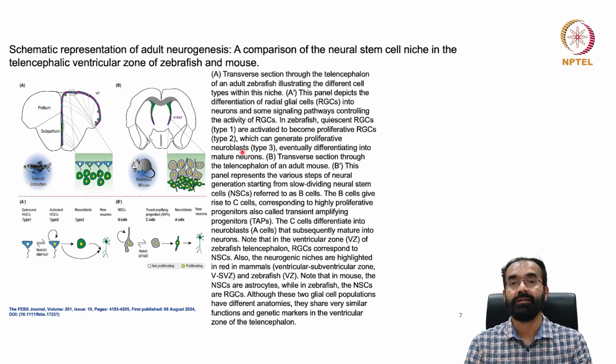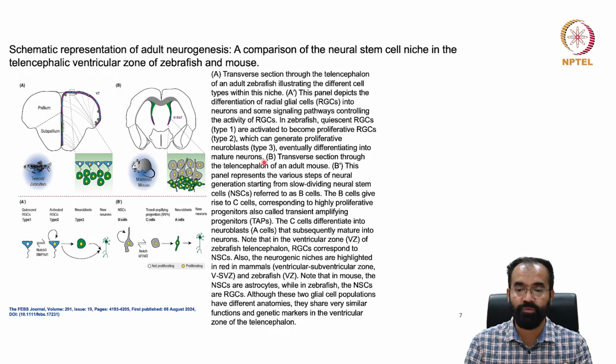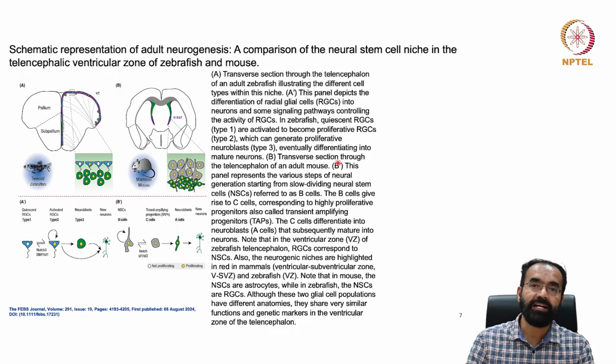So type 1 becomes type 2 and later type 3, eventually differentiating into mature neurons. So type 1 is basically quiescent, type 2 becomes proliferative, type 3 becomes a neuroblast, that is capable of giving rise to other neurons. Transverse sections, that is the B panel, in the mouse, through the telencephalic region of the adult mouse.